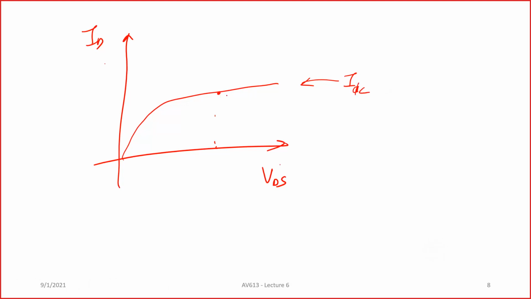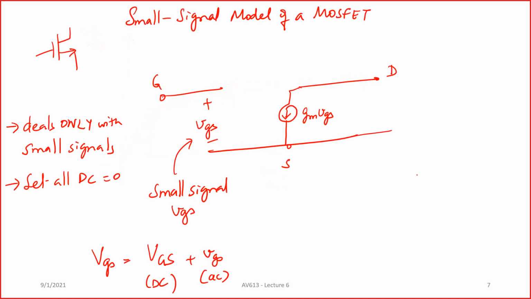As your VGS changes, you slightly move around here and there, and your VDS also changes in this direction. So as it changes, it is going to have a certain slope. This is your R naught. Just to recall, R naught is given by 1 by lambda ID.